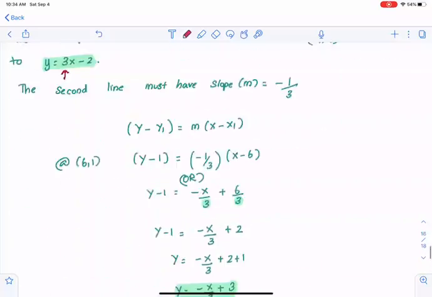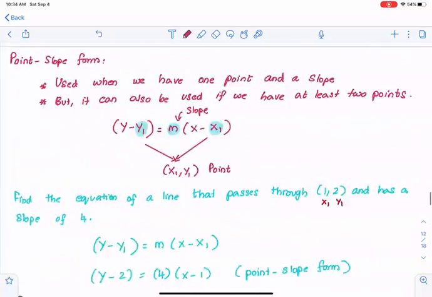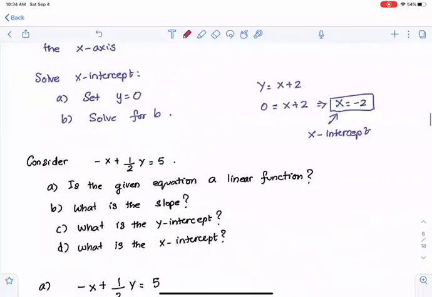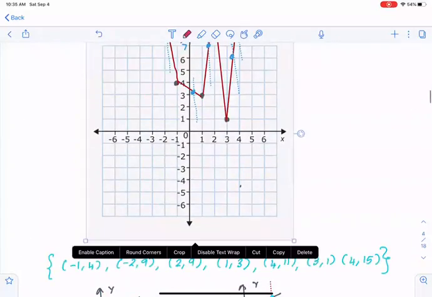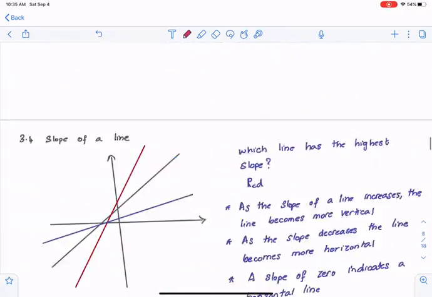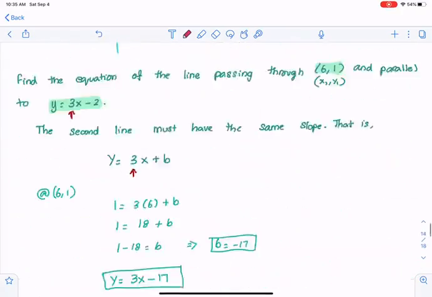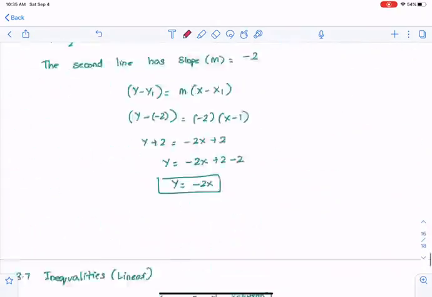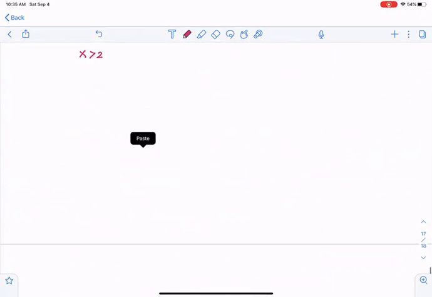I believe I have a template somewhere here. There it is.